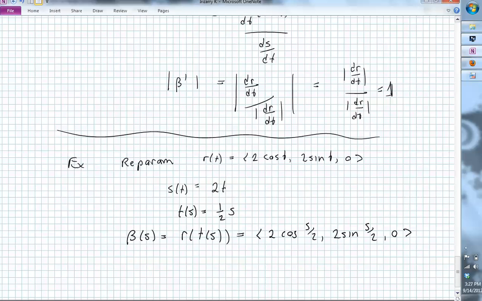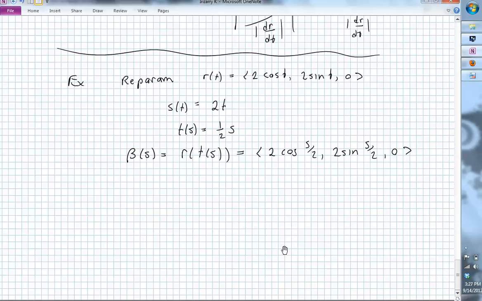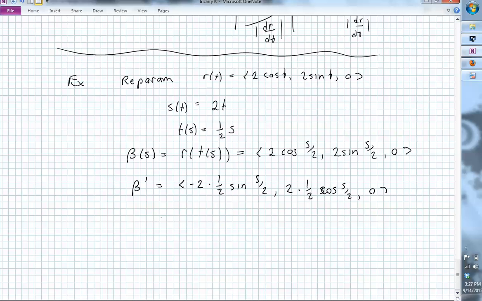And there's an arc length reparameterization. And you'll see how this beta prime thing works. Beta prime is -2 times 1/2 sine s over 2, 2 times 1/2 cosine s over 2, 0. And notice that this parameterization is perfectly designed to cancel out the 2's.